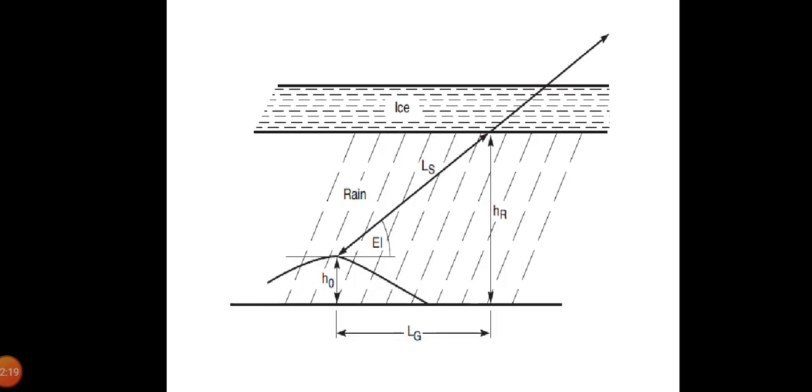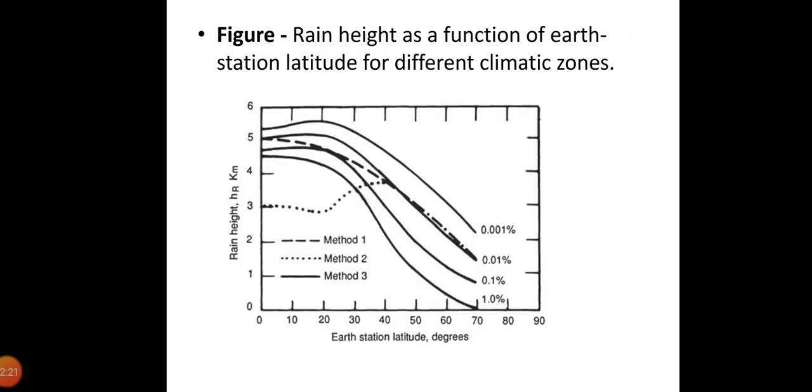In this diagram, three methods are labeled. Method 1 is maritime climates, method 2 is tropical climates, and method 3 is continental climates. The curves are shown for P values of 0.001, 0.01, 0.1 and 1%.